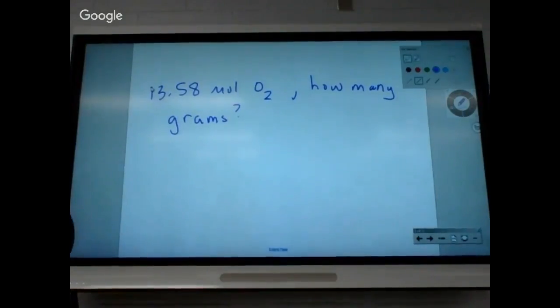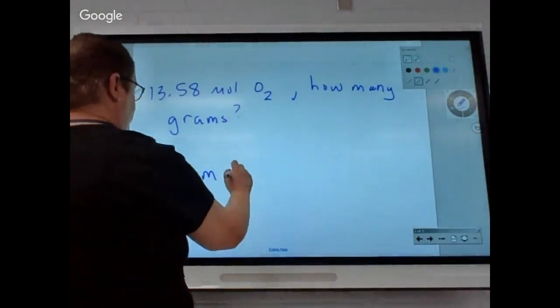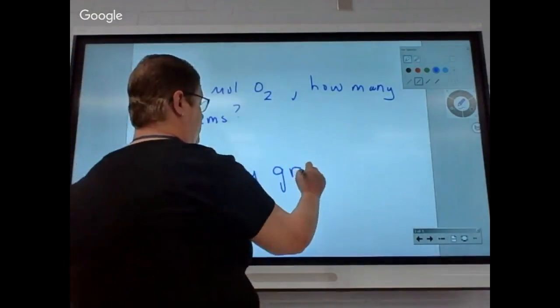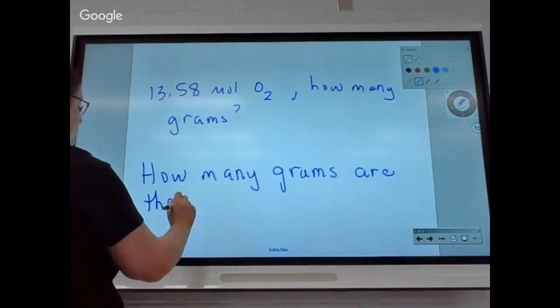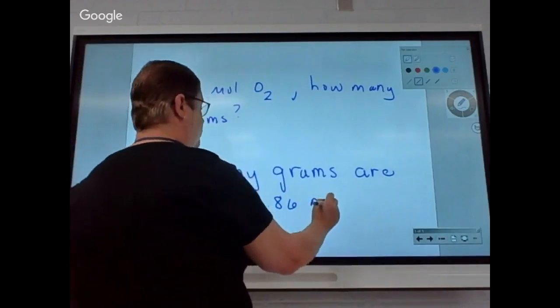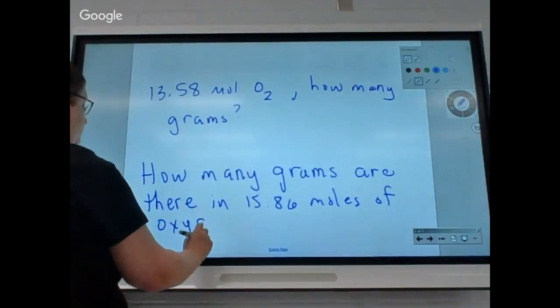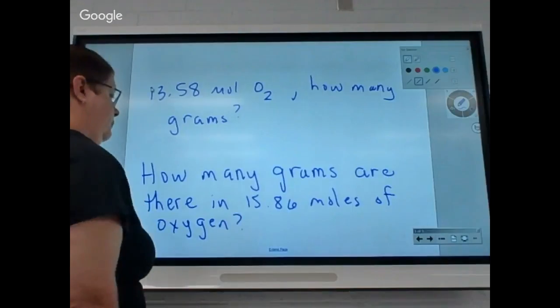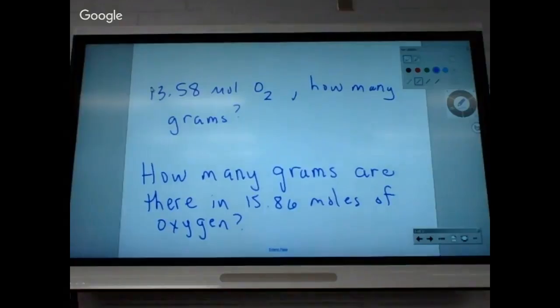If you look back in your other work, in your other worksheets, the questions would have read something like, how many grams are there in 15.86 moles of oxygen? Okay? That would have been a question that I would have asked the last time we took a test or did a worksheet. How many compounds are in that question?